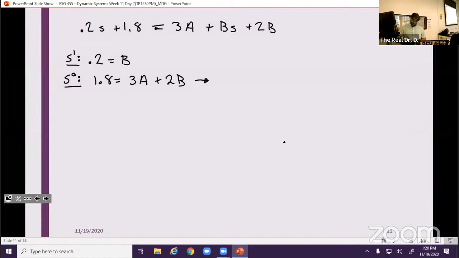All right, so B was 0.2, so we got 0.4, 1.8 minus 0.4 divided by 3. Because obviously, without having to use a calculator, 0.46, repeating.